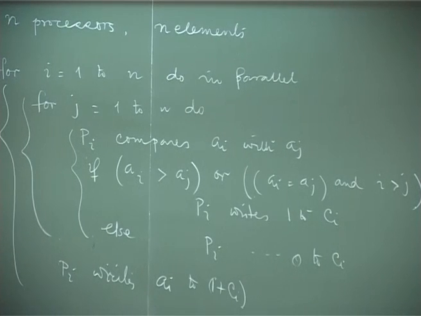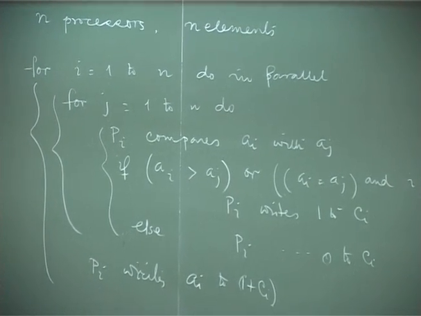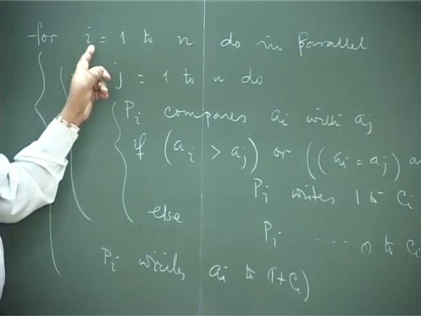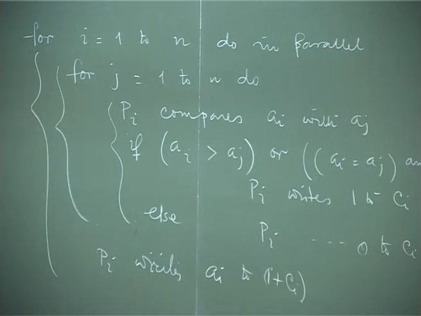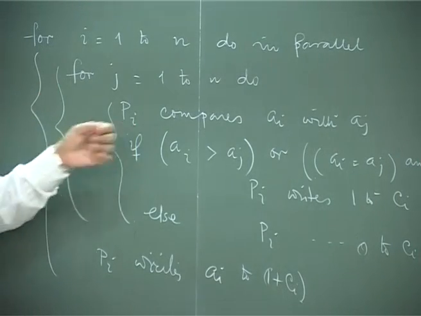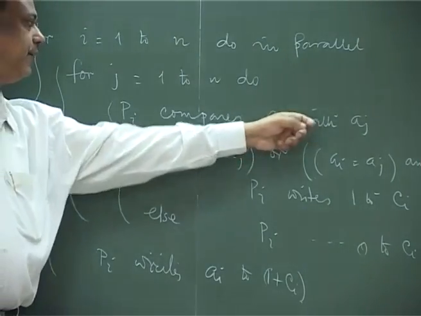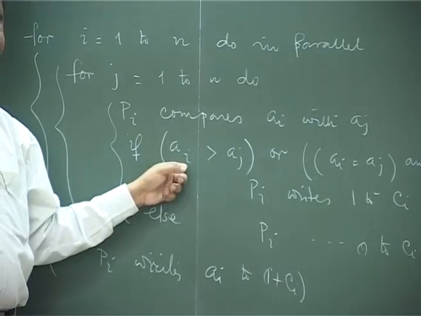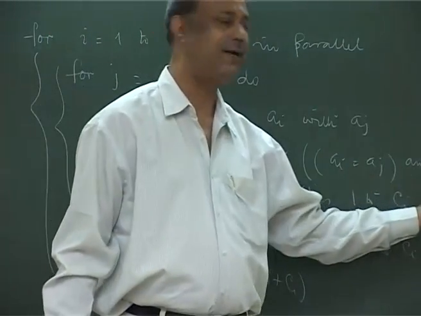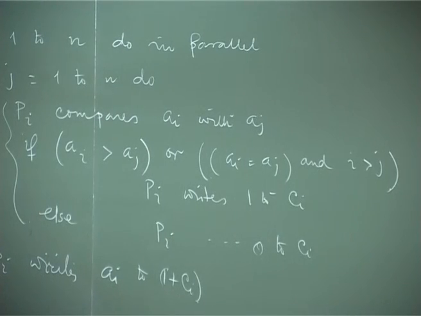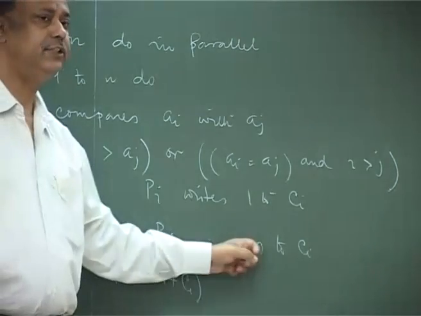So this is your algorithm. For i equals 1 to n processors are activated, and this is an iteration for n because every element has to be compared with every other element. Pi compares Ai with Aj, and if Ai is greater than Aj, or both are equal but j occurred prior to i, then Pi writes 1 to Ci, else Pi writes 0 to Ci.